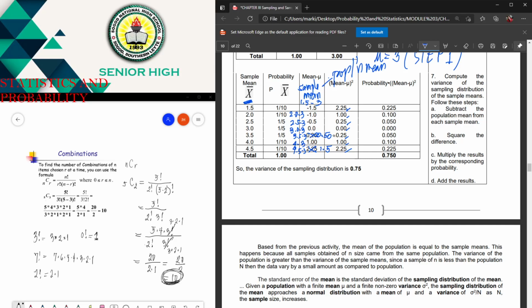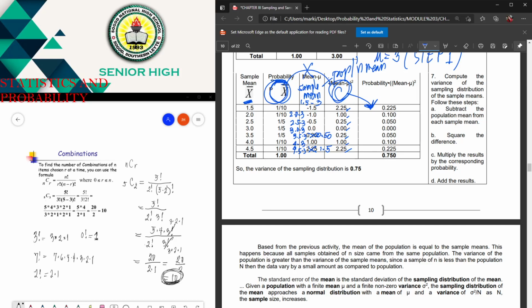Then after this, the probability. You multiply this and this, and the result is this.